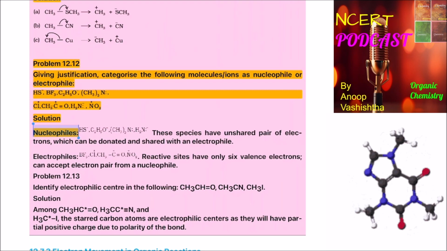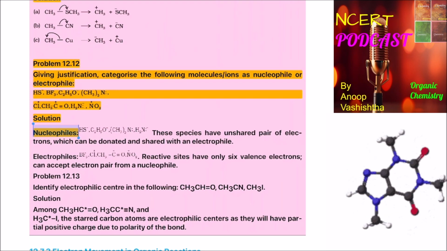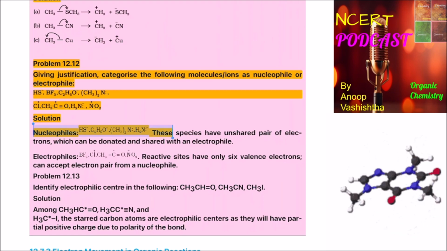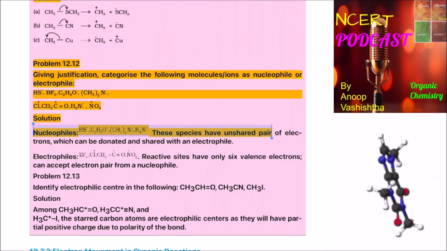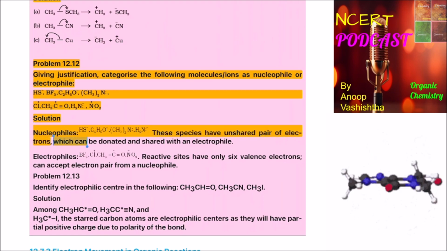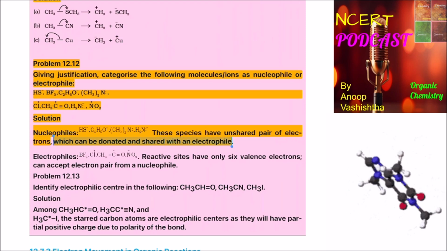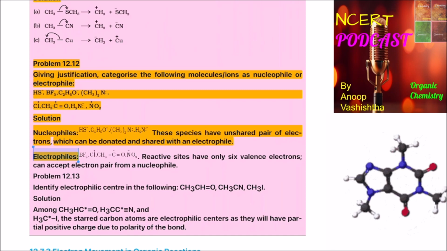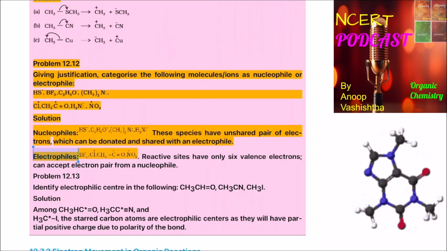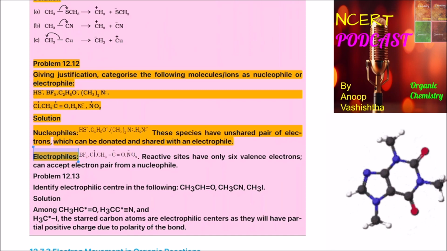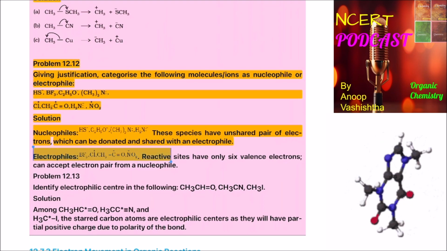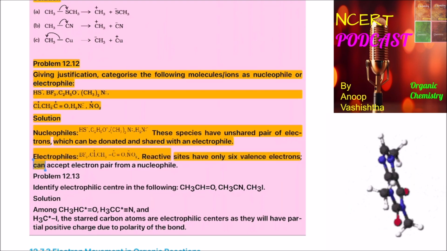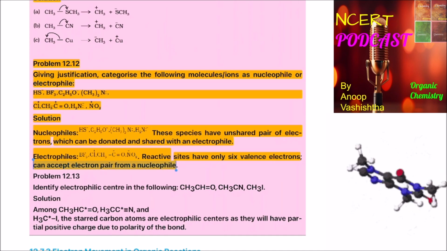Nucleophiles: HS-, C2H5O-, (CH3)3N, H2N-. These species have an unshared pair of electrons which can be donated and shared with an electrophile. Electrophiles: BF3, Cl+, CH3-C+=O, NO2+. Reactive sites have only 6 valence electrons and can accept an electron pair from a nucleophile.